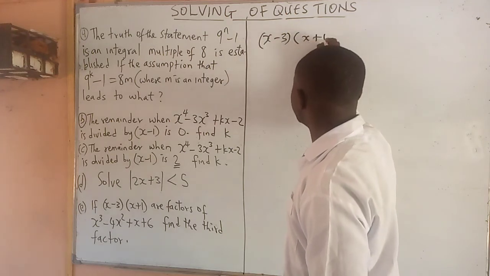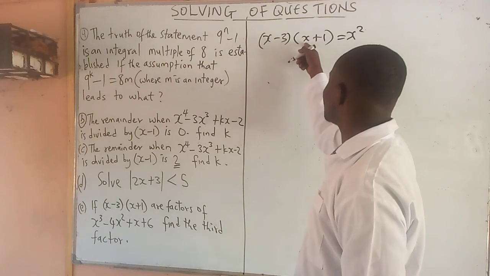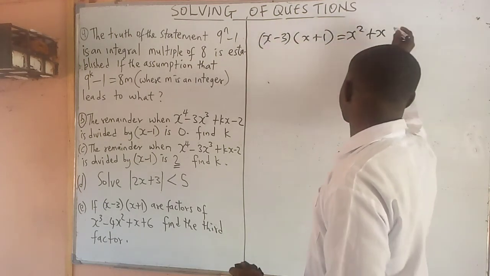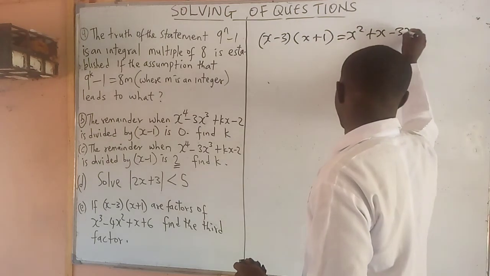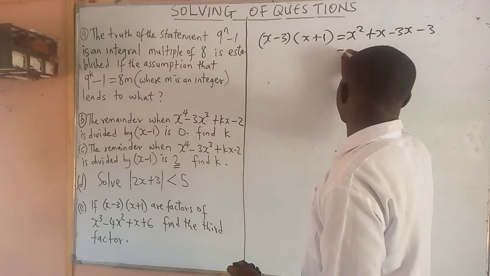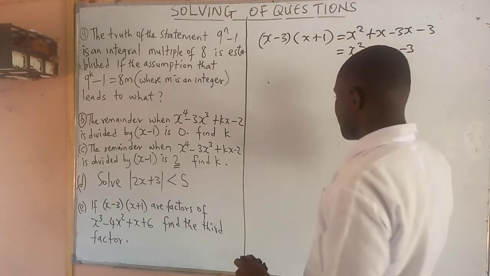Once you expand it, that will be giving you x times x squared, x times this plus x, minus 3 times this minus 3x, minus 3 times this minus 3. That will be giving you x squared minus 2x minus 3.